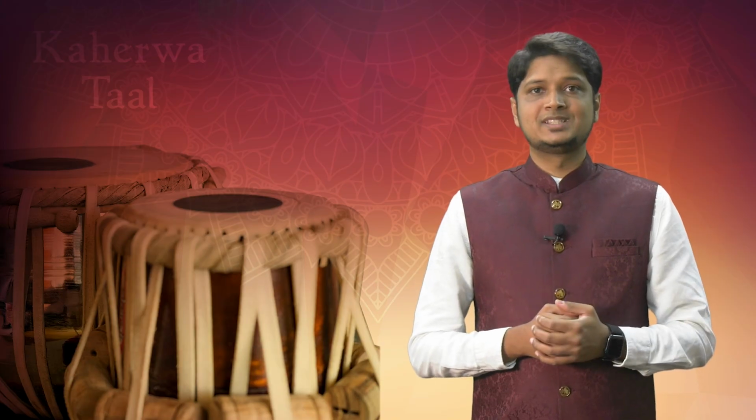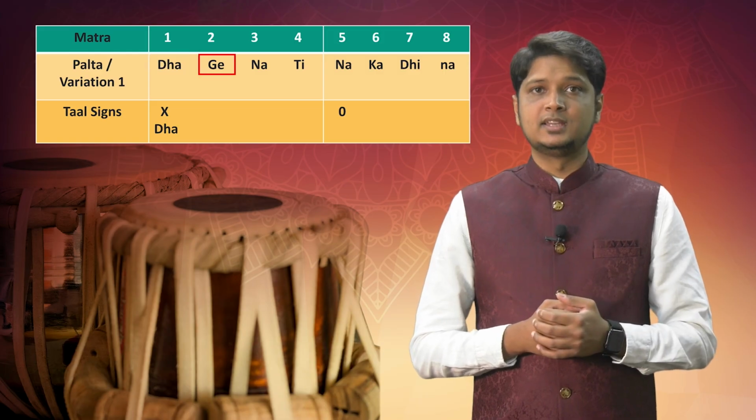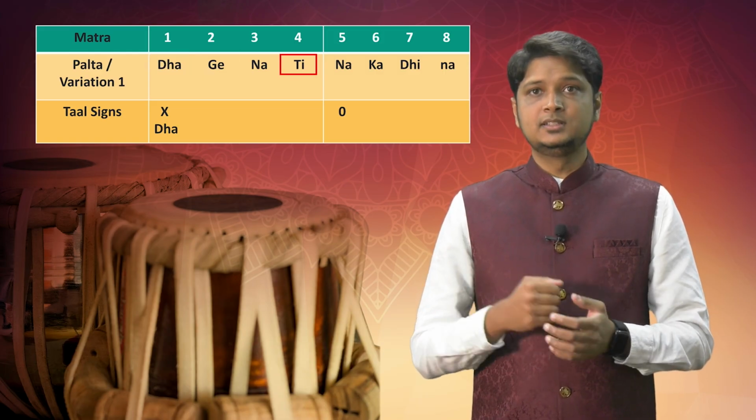Now we shall practice small patterns and exercises taken from the Taal itself. The first exercise is Dha, Ge, Na, Ti, which are bols of the first vibhag or section of the Taal.